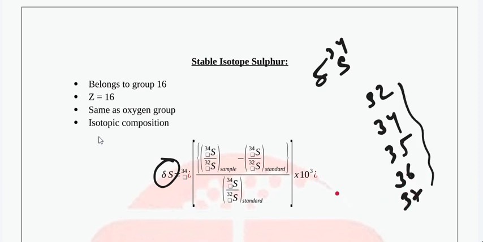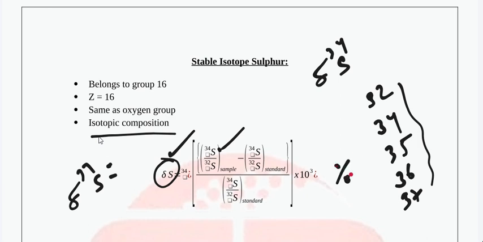So the isotopic composition is this: del S34 is equal to sample 34 by 32 minus 34 by 32 standard, divided by standard, into 1000, per mil. And what is the standard for sulfur isotope?